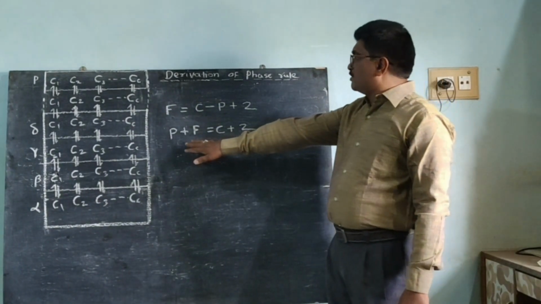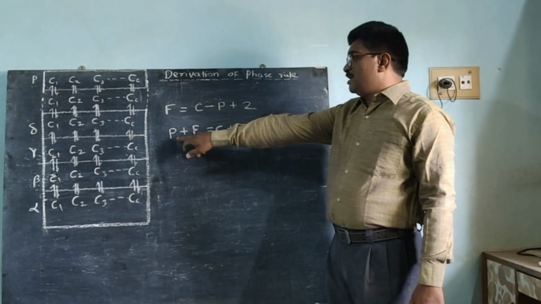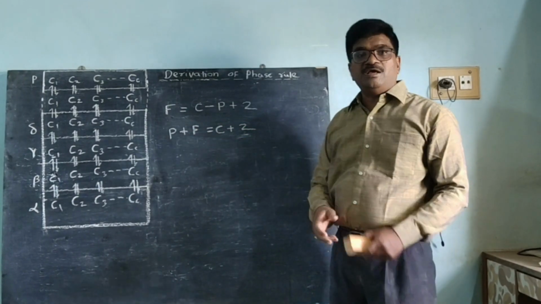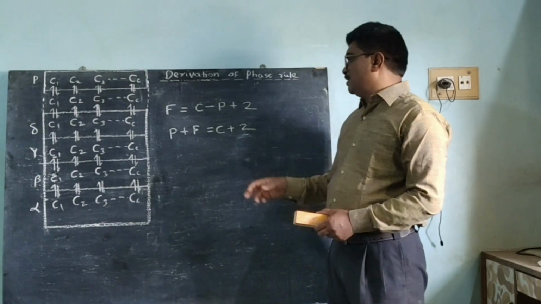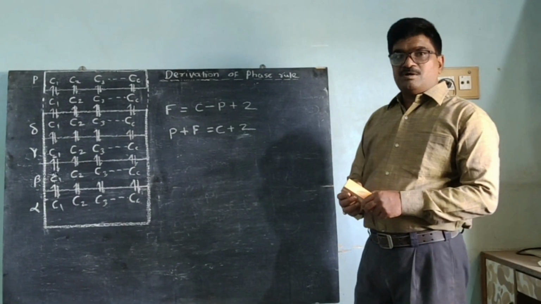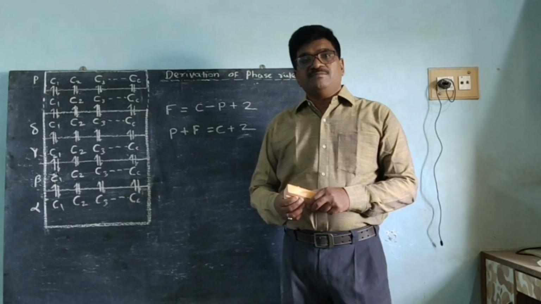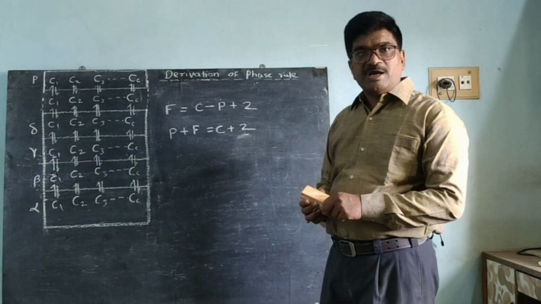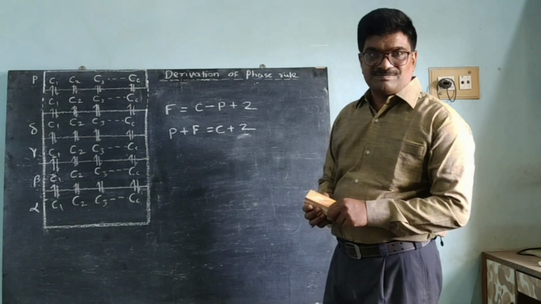So how can we state the phase rule? The sum of the number of phases and the number of degrees of freedom always exceeds the number of components by 2, provided that the equilibrium is not disturbed by electrical field, magnetic field or any other chemical force.